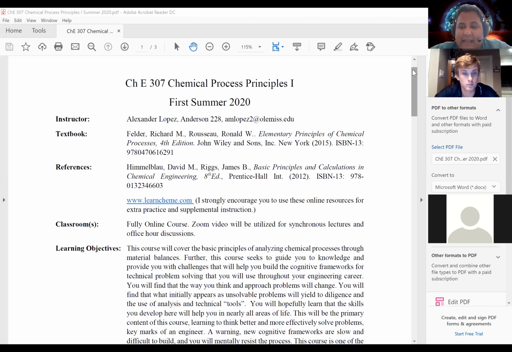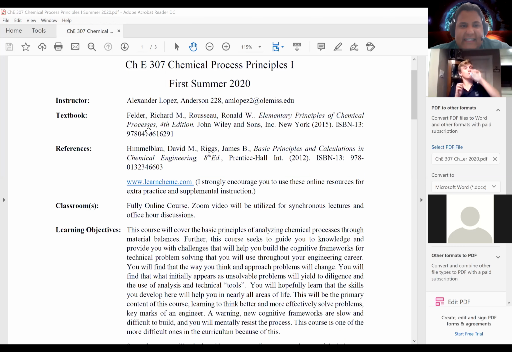But I want to take some time to go over some of the general course structure to ensure we're all on the same page. As I said, this is 307, Chemical Process Principles. It will take place during this first summer semester, which is between now and the end of June. I believe the final exam is about the 23rd, 24th of June.